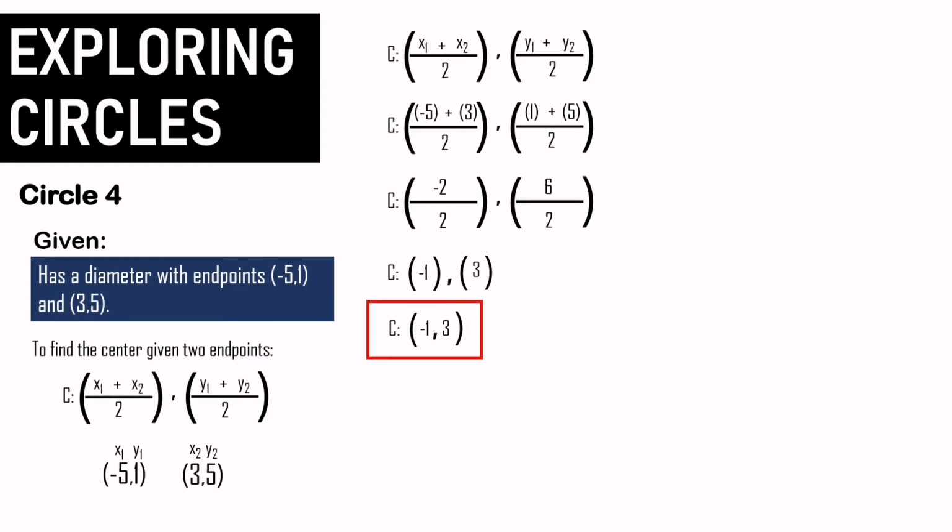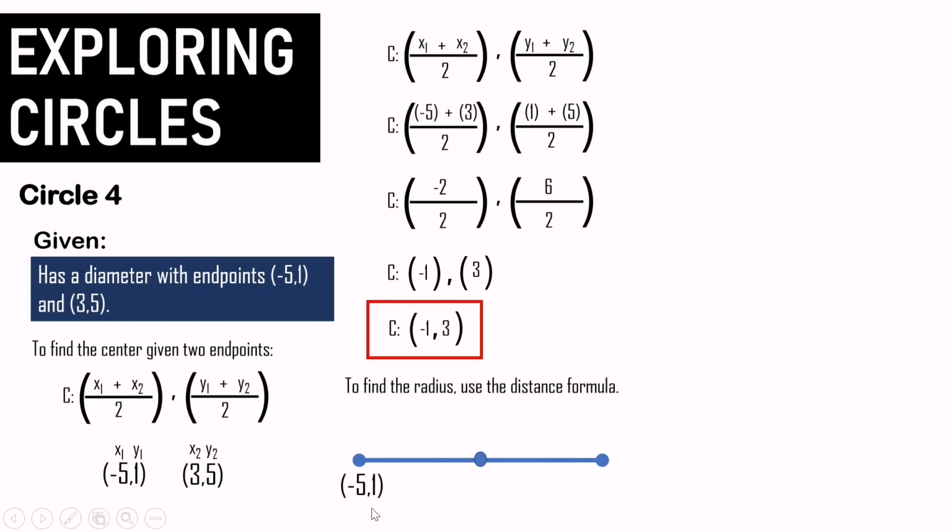Next kay pangitaon nato ang radius. Asa man ang radius? So, to find the radius, magamit ta og distance formula. So kani man to ato ang line atong diameter. Kani diri mao to ang (-5, 1).